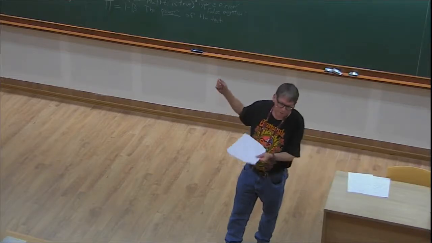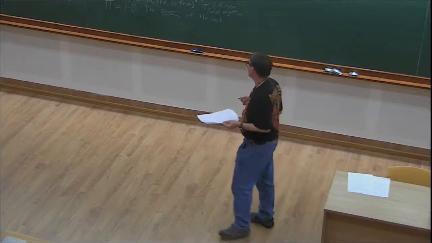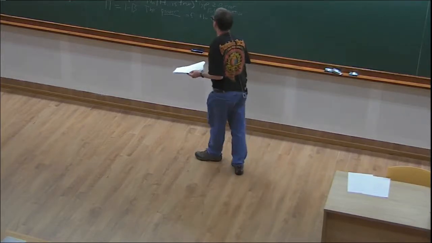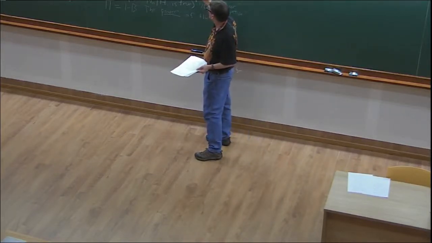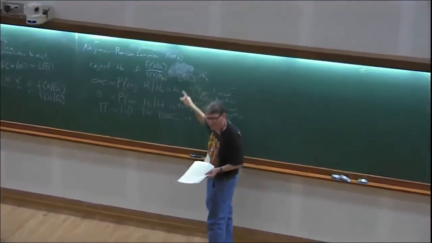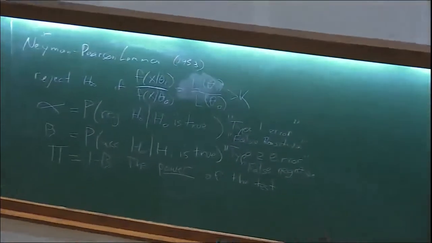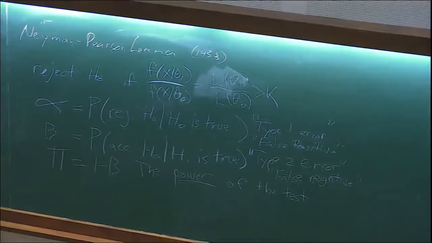So yes, I've invoked K, but the idea is we have to impose a threshold here, okay? Obviously, the bigger L of theta 1 is compared to L of theta 0, the more likely it is that H1 is true. Okay, but we're dealing with probabilities. So here I'm just saying we have to draw the line.